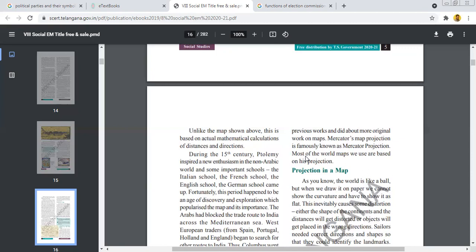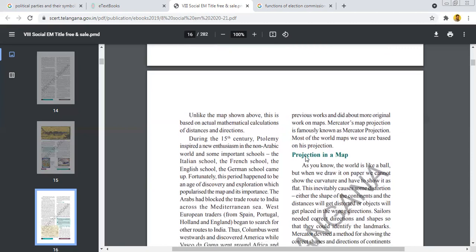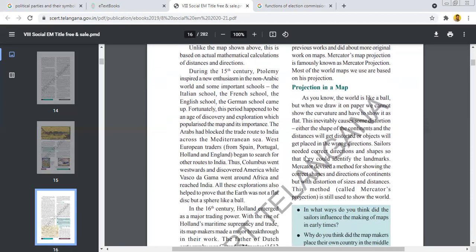So they started preparing world maps slowly, and you can see the improvement in the world maps. Now, projection in a map. Already you know that Earth looks like a ball, round in shape. If you draw the same on paper, we cannot show all the countries.